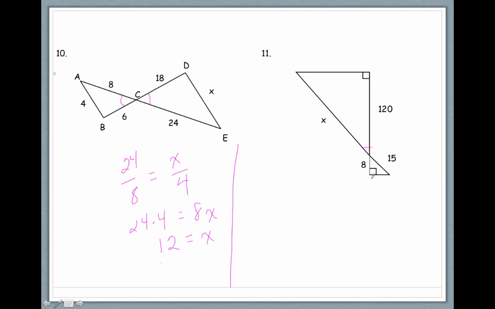Over here, these are the same. These are the same, so we've got angle, angle, similarity. X is the hypotenuse. These two lengths go together. So 120 over 8 equals x over 15.